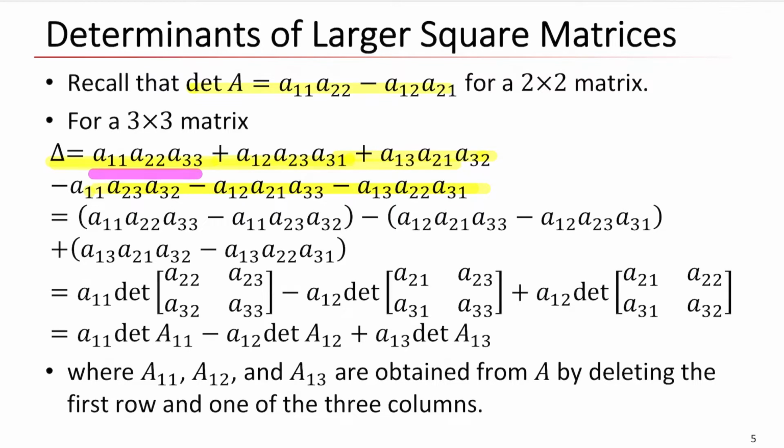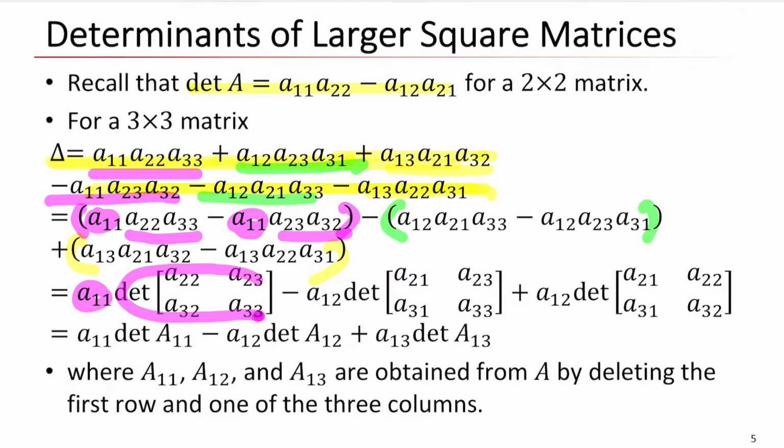First of all, from here we can make one term. From here and here there's another term, and like that. And the last one, let's use this one here. Okay. Interestingly, if we extract the A11 here, the remaining part is the determinant of this one, right?